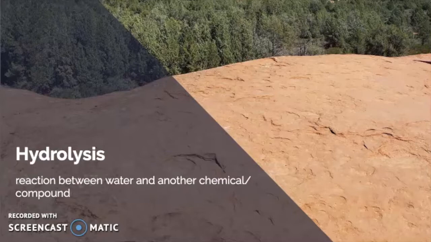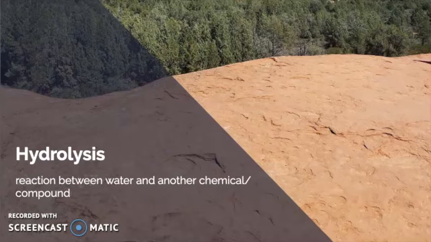So the first one we're going to talk about is hydrolysis. So this is a reaction between water and any other chemical or compound. So this can result in dissolving some of the minerals in rocks, or reacting with some of the minerals in the rocks to change them into different things.